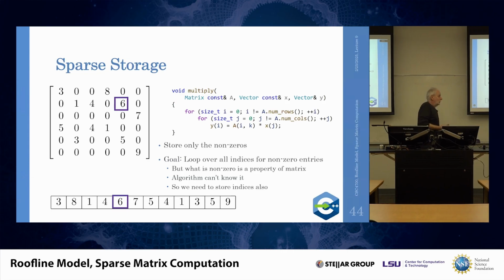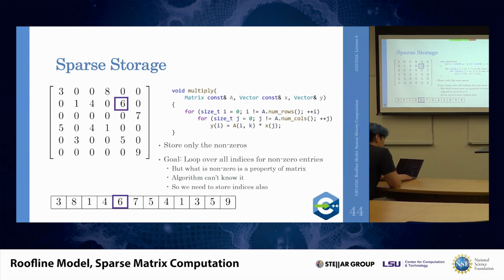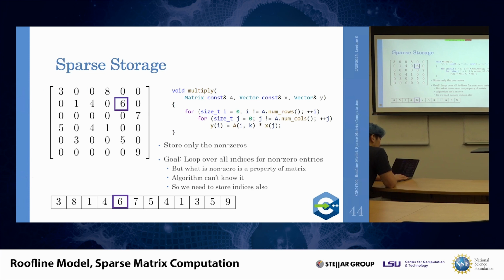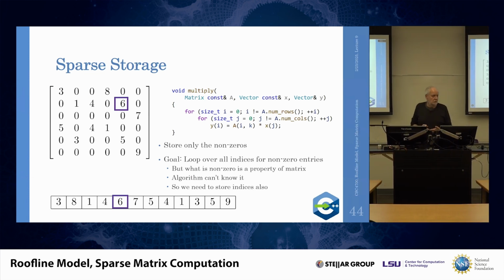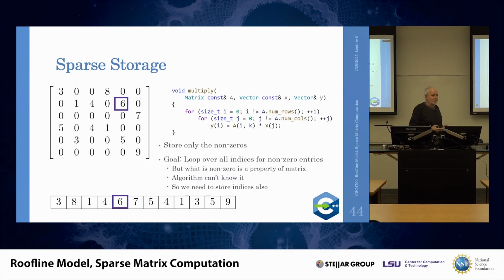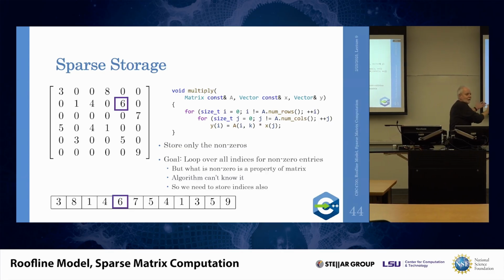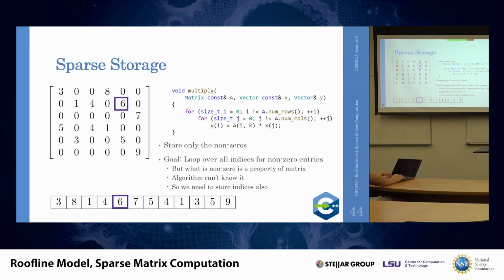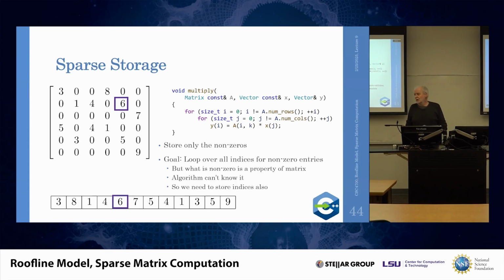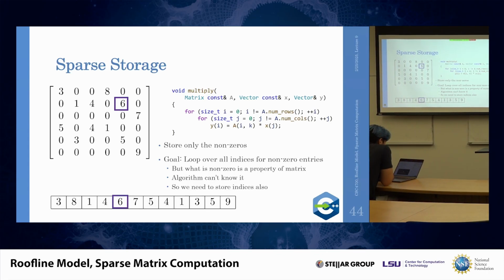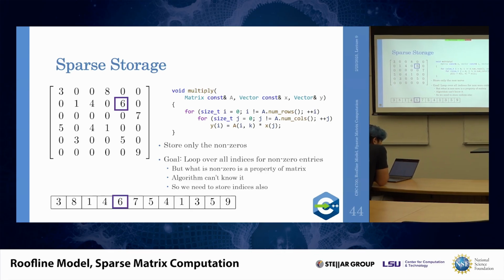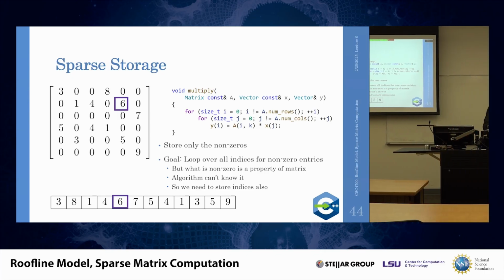And our goal is to loop over all the indices for the non-zero entries, but since the non-zero entries is not a property of the matrix, the algorithm has to know that. That representation can't tell us where things are, right? So we need to store the indices as well, so that the algorithm can figure out at what ij is the 8 actually located. In this case, it's 0, 3 probably.